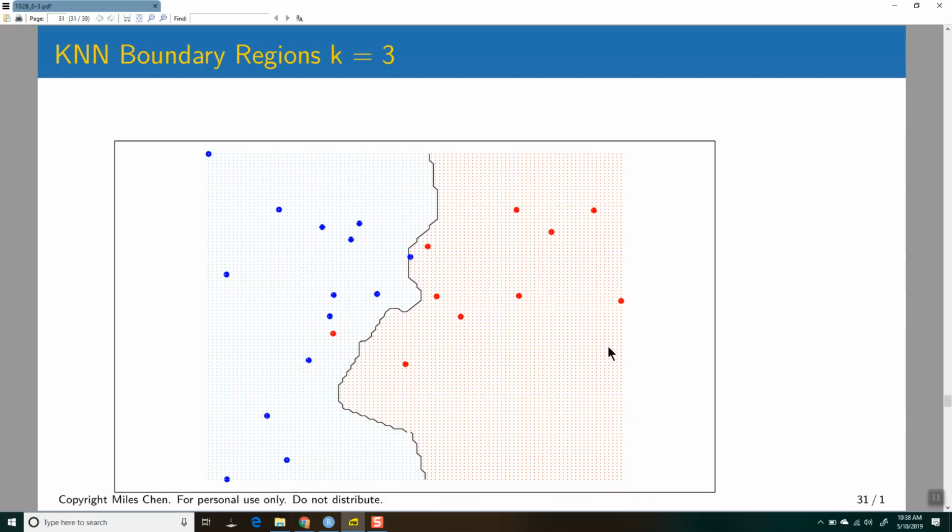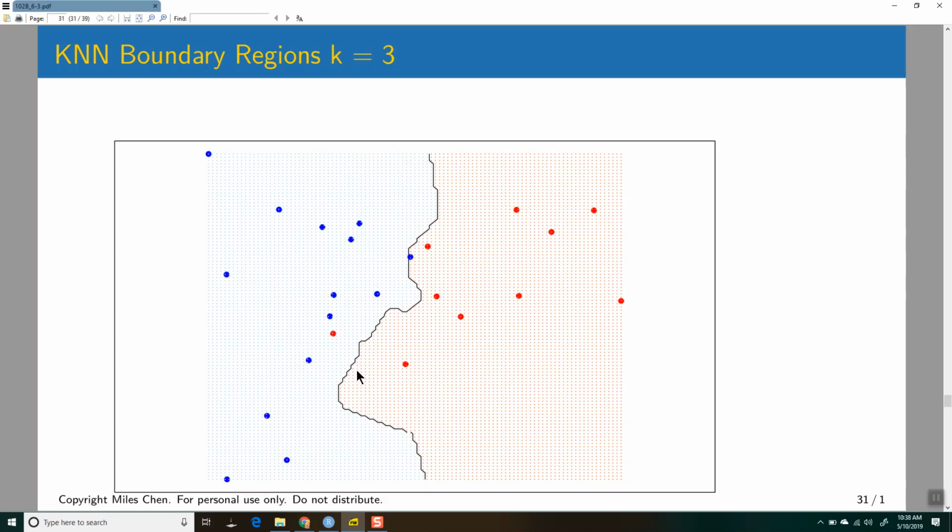With k equals 3, it smooths out the stuff, okay? Things over on this side, even though there's a red dot here, if we pick this point right here, the 3 closest will be this blue, this location, this location, and so it's going to get classified as blue.